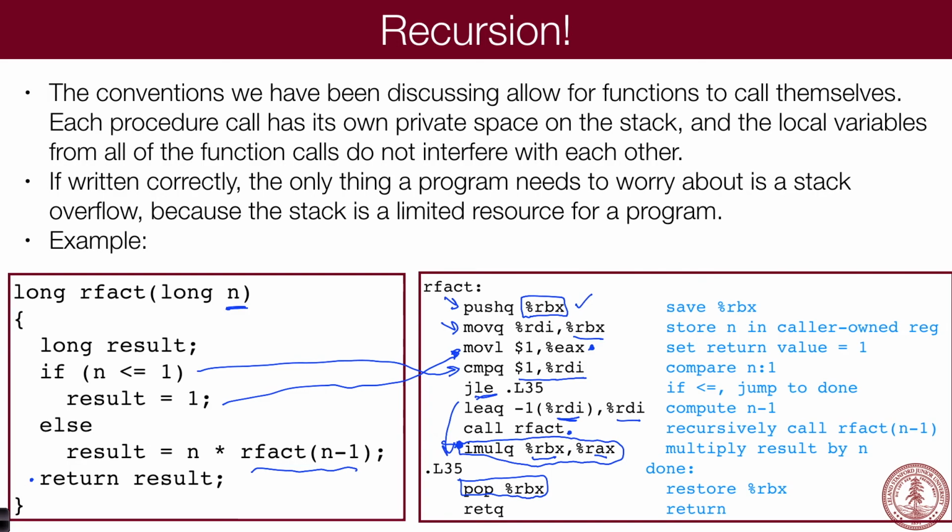It would just use some other register that's caller owned anyway. The only reason we used RBX is because we're about to save something in RBX for later. So yeah, you could rethink this and hand code this in some other way that's probably just about as efficient.